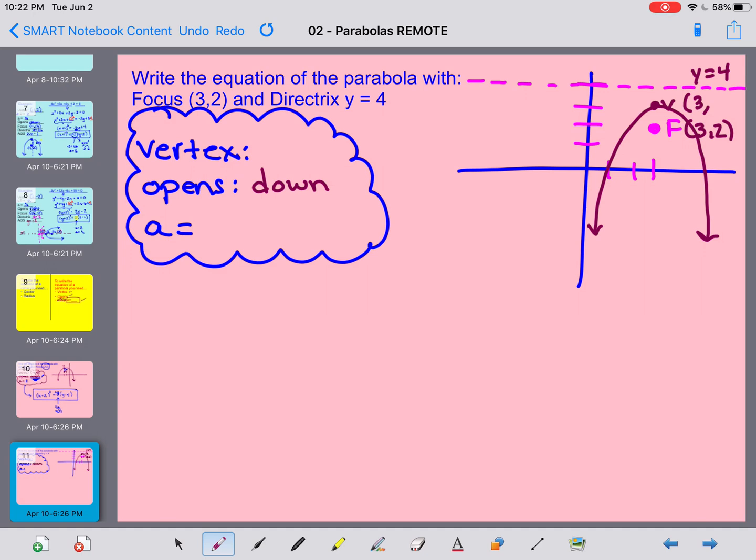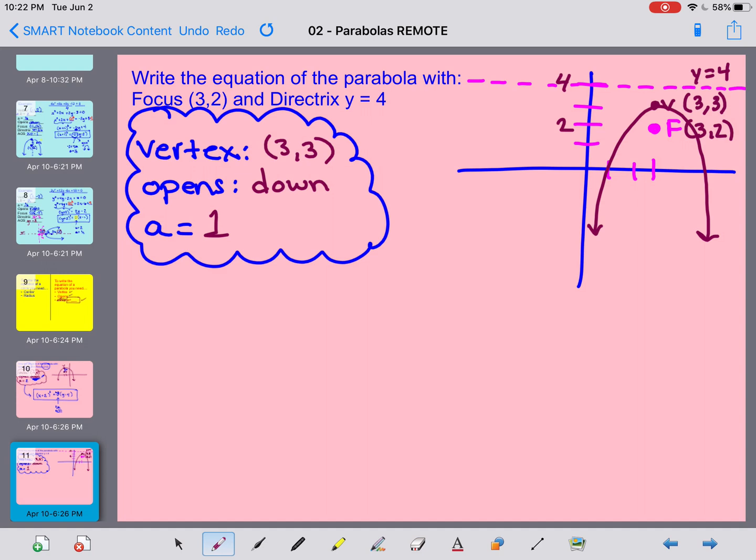If this is at a y value of 2 and here's a y value of 4, our vertex must be at a y value of 3, halfway in between. So our vertex is 3, 3. And then the a value is the distance between vertex and focus, or between vertex and directrix. Either way, you get the same answer, which in this case is 1.